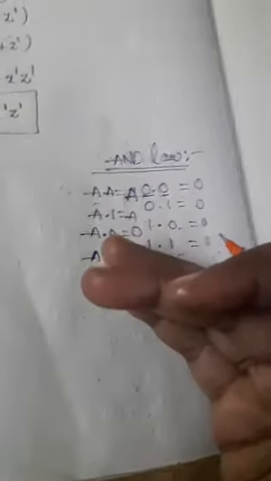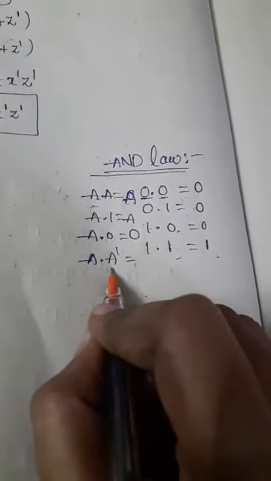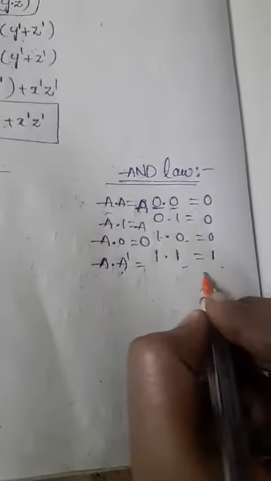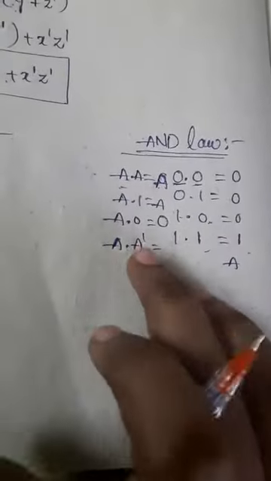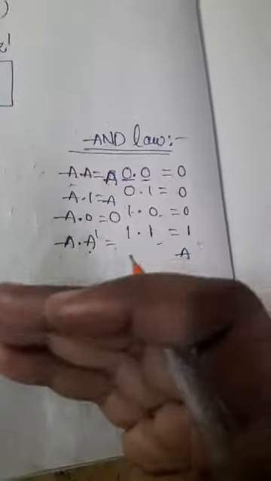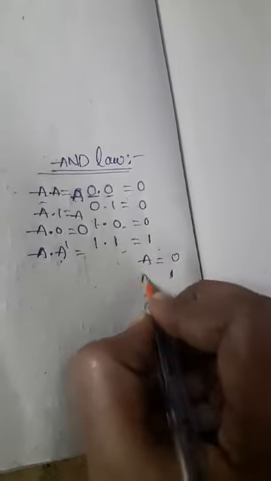For that purpose, just consider a is equal to 0 and a complement is equal to 1.